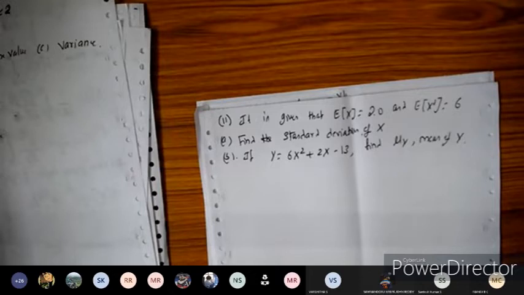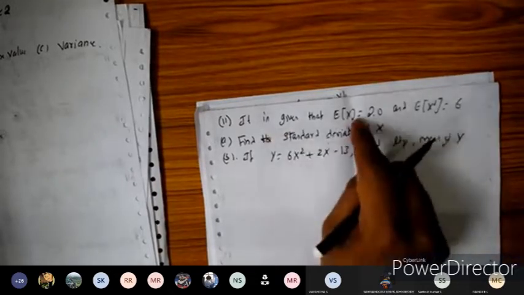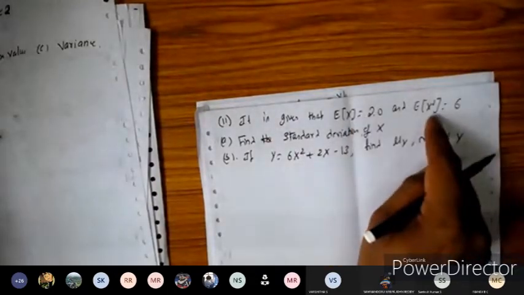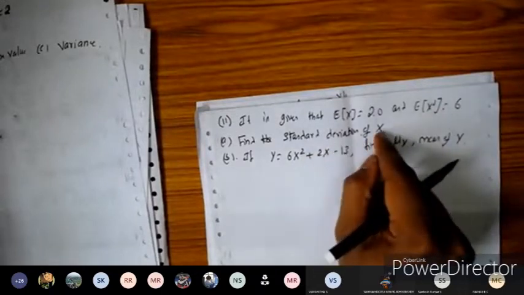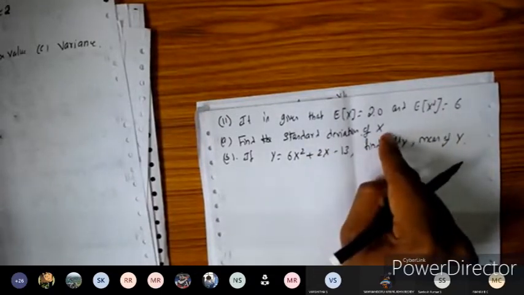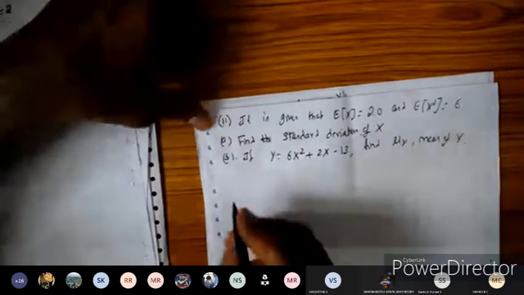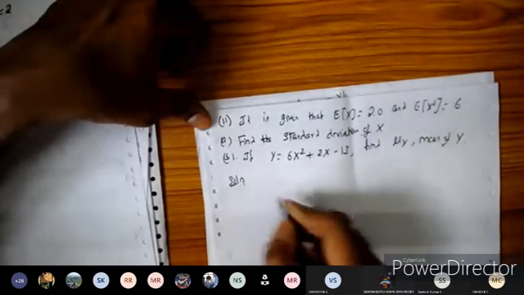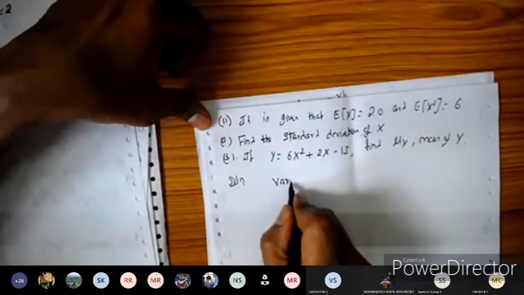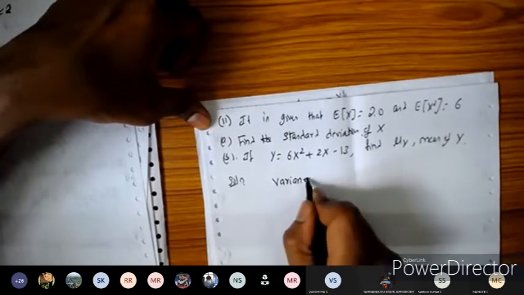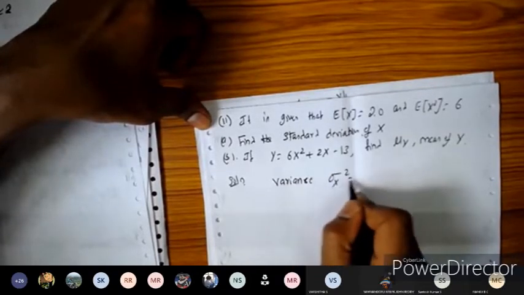So here the mean of the random variable x is given, the mean square value is given. We need to find out the standard deviation. For finding the standard deviation, it's a square root of the variance. So let us find out the variance first.